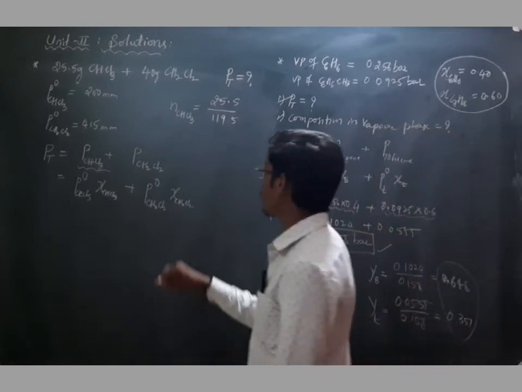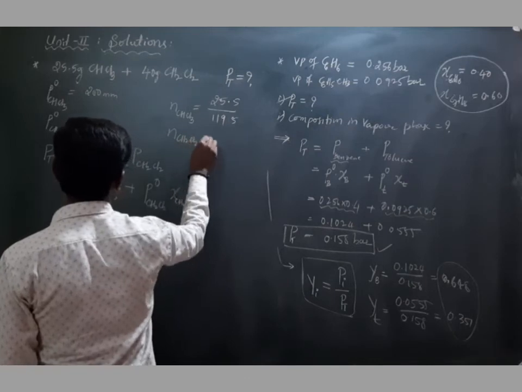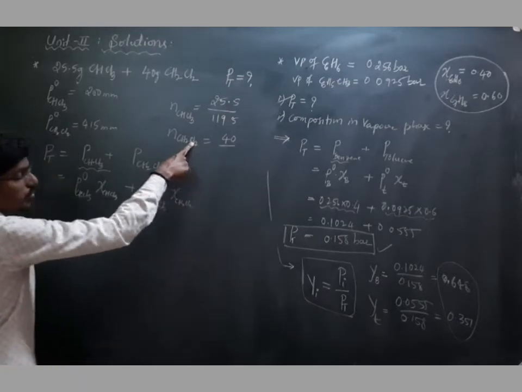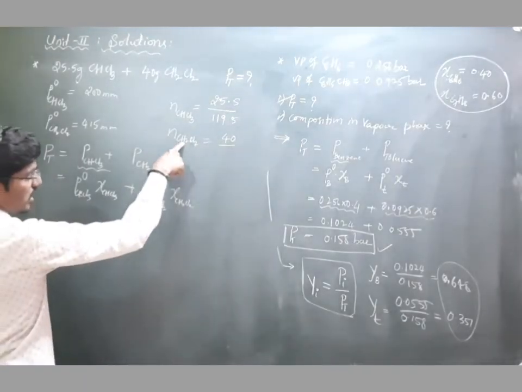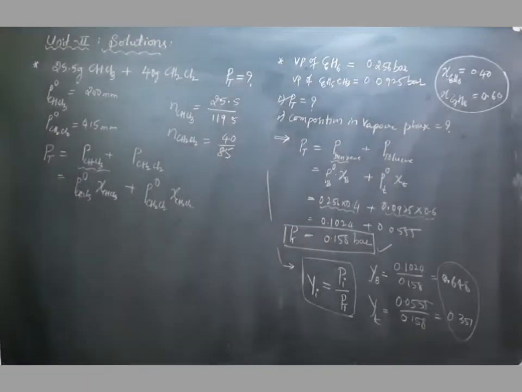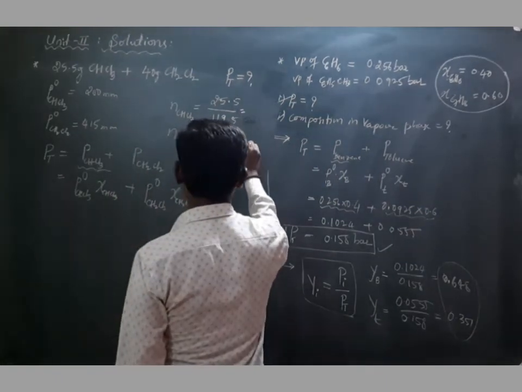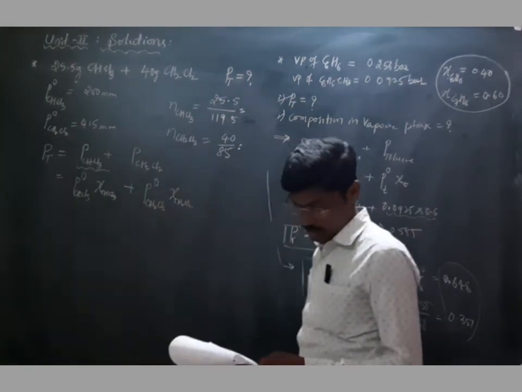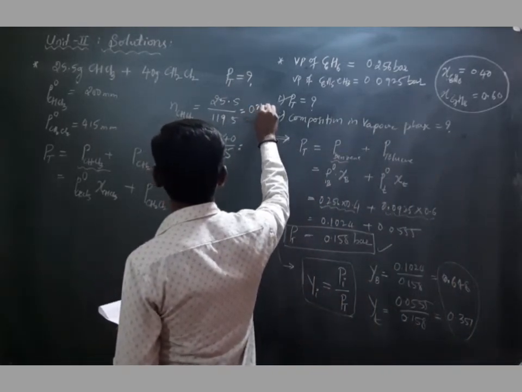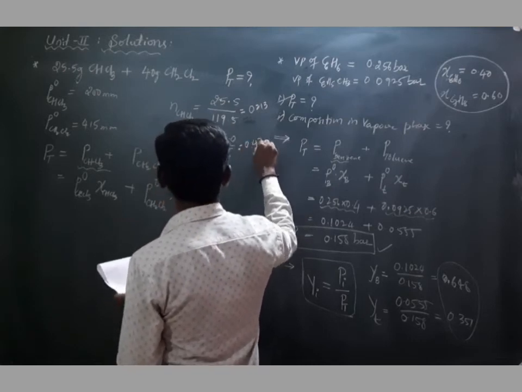Whereas the number of moles of dichloromethane, CH2Cl2, is equal to 40 divided by 35.5 into 2, that is 71, plus 2 plus 12, which is 85, the molar mass of dichloromethane. Calculate these two terms. The number of moles of chloroform comes to 0.213 and for dichloromethane it is 0.470.